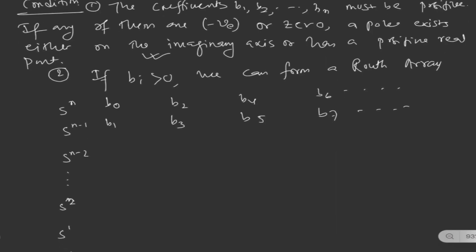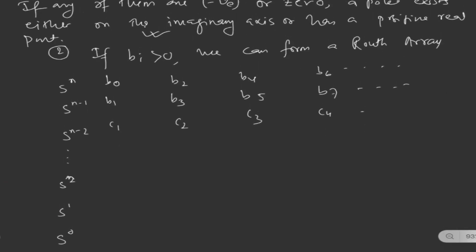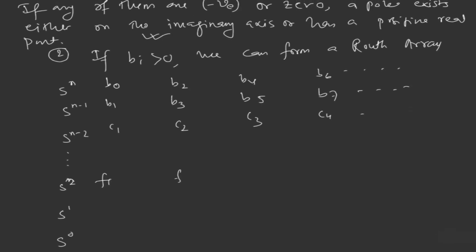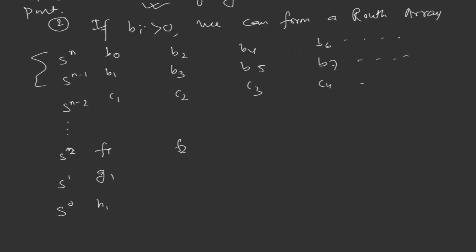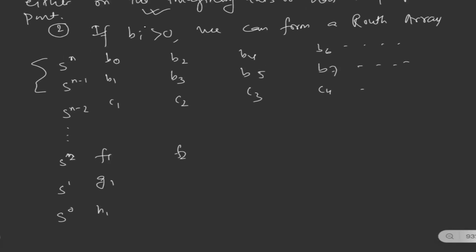Based on these two rows, we can form the rest of the rows. So let's say C1, C2 are the terms coming out from the first two rows, then C3, C4, and let's assume F1, F2, Z1, H1. The first two rows we can form from the given characteristic equation, but how are the rest of the rows formed?